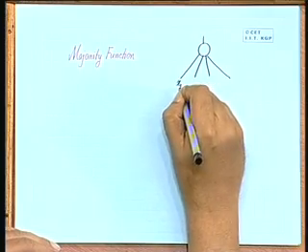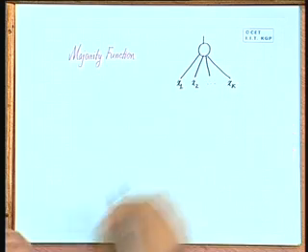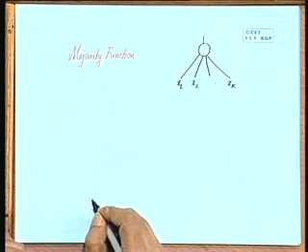Now imagine trying to learn a majority function using a decision tree, right. In a decision tree you will have these variables x1, x2 through some xk. Now if you first examine the value of x1, suppose it is 1, can you decide which is the majority? You can't.